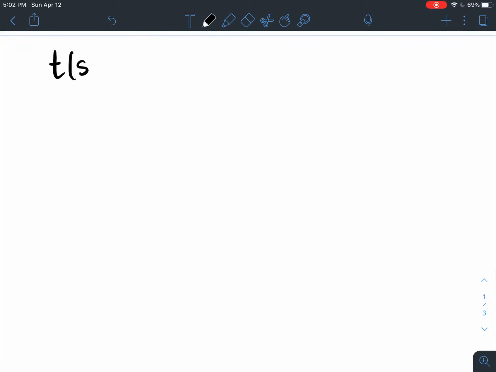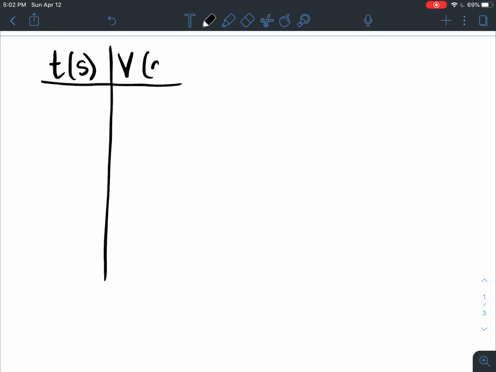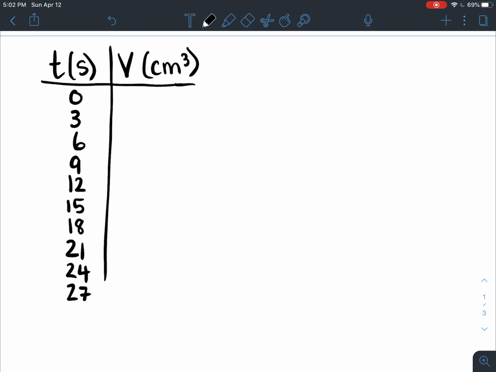It's somebody's birthday party, and they're filling up a bunch of helium balloons. So we're going to fill up these balloons, and we're going to check what the volume of these balloons is in cubic centimeters. So let's say we put air in the balloons every 3 seconds. Check it out.